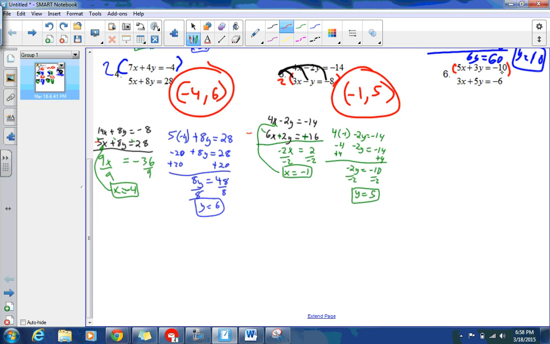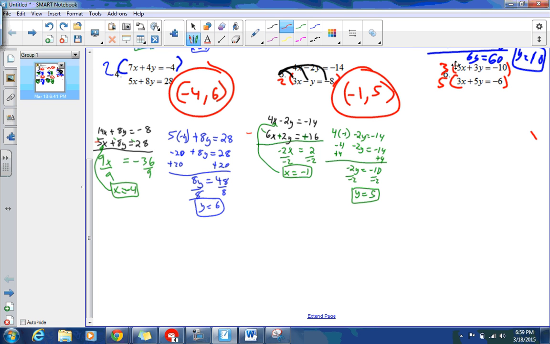We got to try and find a common multiple. So I can multiply this by 3. And this by 5, so that they both have a coefficient of 15 then.